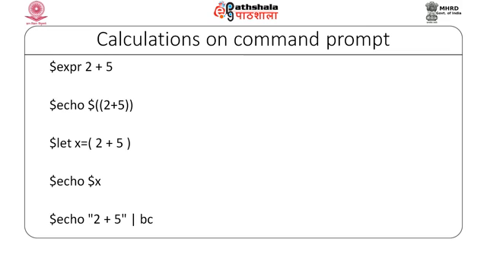It is one and the same, either you can use EXPR or you can use dollar with double brackets, or we can use the let command, let x equal to 2 plus 5. The value of 2 plus 5 will be stored in the variable x, and then we have to display the content of variable x using the echo $x command. And finally, the last line indicates how to use BC.